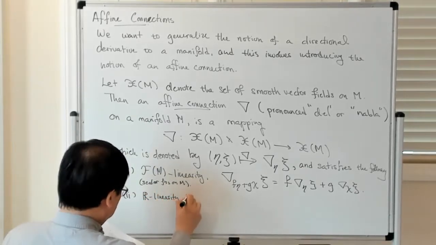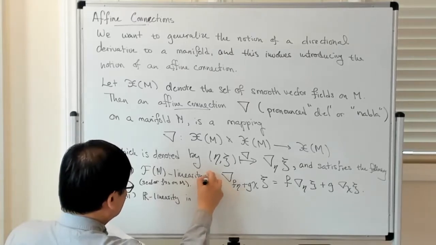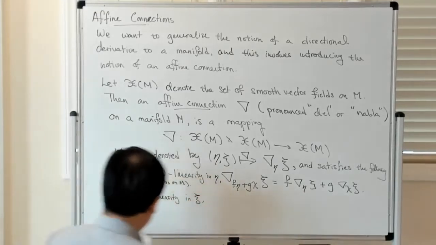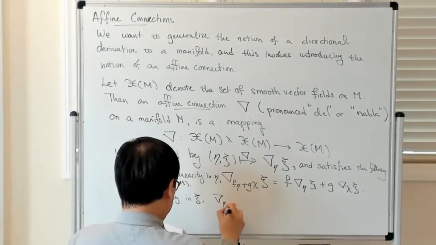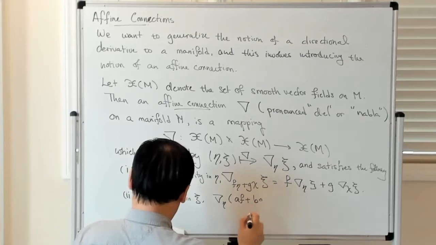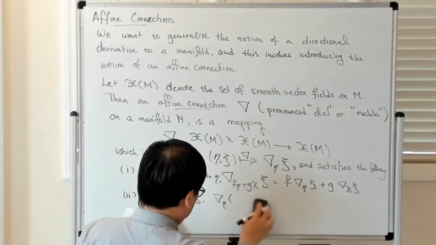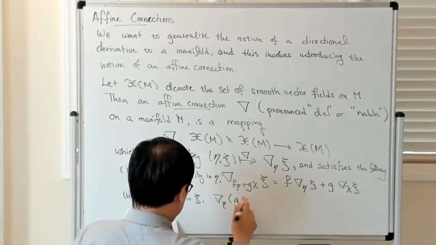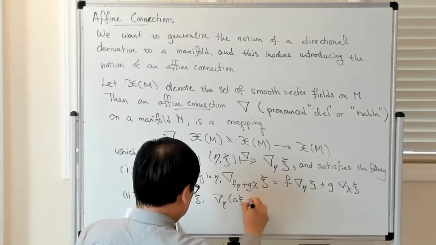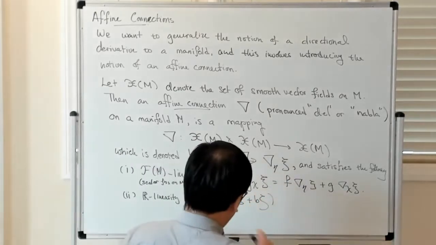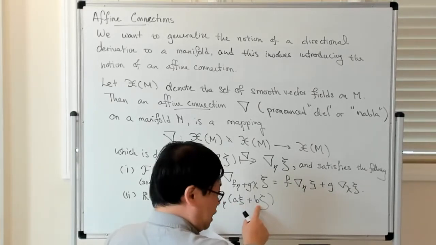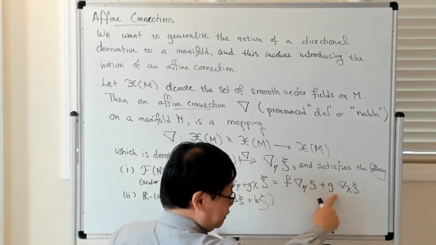The second one is R linearity, in the second slot, in chi. So that means that if I do this, I have A F plus B G. If I take now a linear combination of two vector fields, but now A and B are constants, whereas F and G were scalar-valued functions.